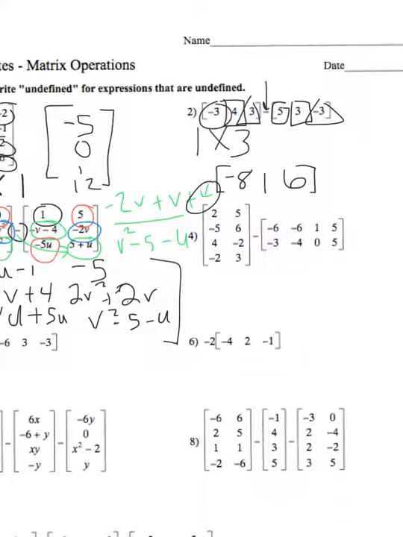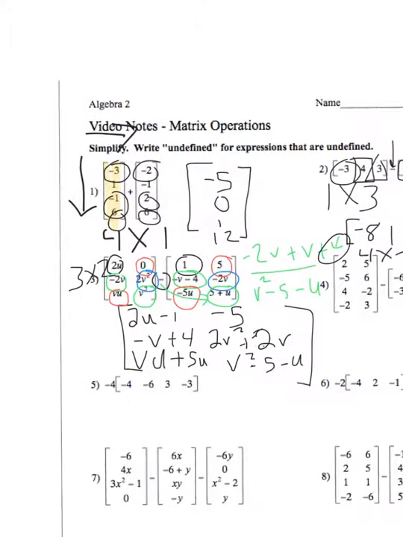Okay, so here, if we take a look at this next one, how many down? That's a 4 by 2 across, and this one is a 2 down by 4 across. Now, what will we get out of that? At the first one, we had a 4 by 1 plus a 4 by 1 gave us a 4 by 1.